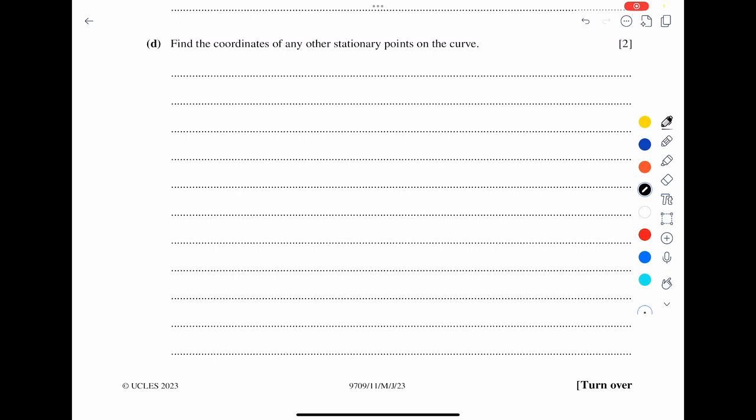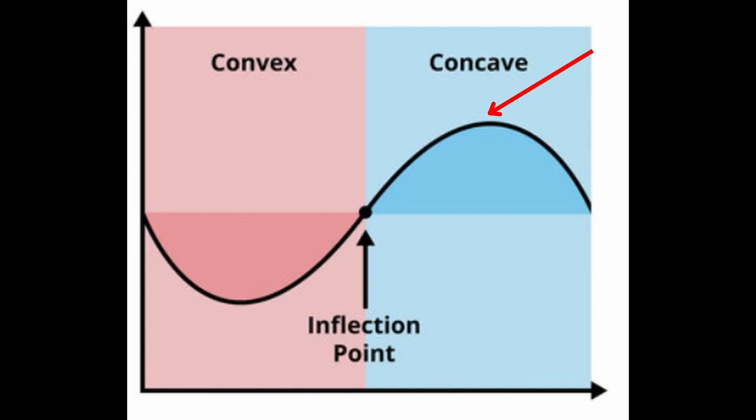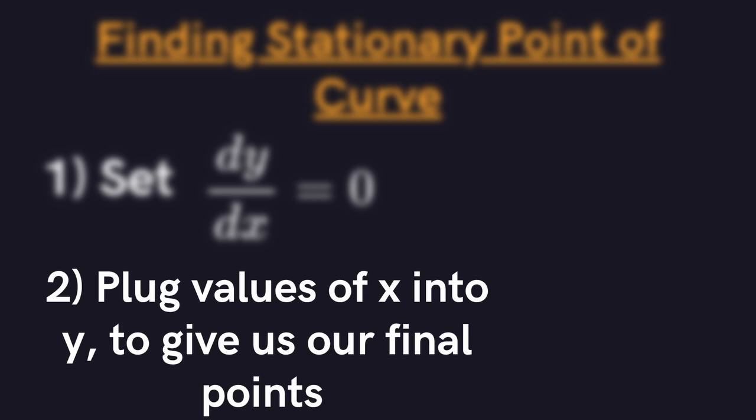Following a similar pattern from before, finding the stationary points of a curve boils down to two things. 1. Setting dy by dx equal to 0, because the gradient is 0 at either a maximum, minimum, or inflection point. 2. Plugging in the values of x into y, which then gives us a value of y, so now we have a proper point with both x and y coordinates.